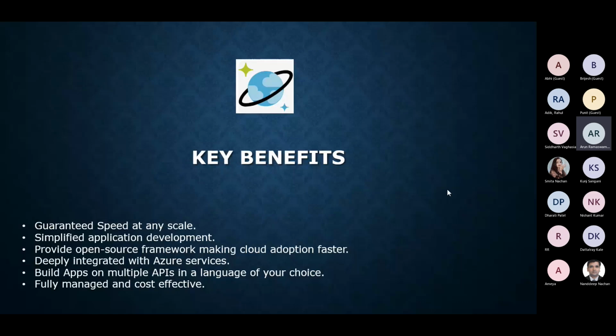So all these APIs make your life very simple, and they enable you to adapt to cloud, or Azure, faster with respect to your on-prem application. If you want to move to cloud, Cosmos DB is one of those services which will fulfill your API requirements. So that is one of the key benefits, and these are the key benefits of using Cosmos DB.